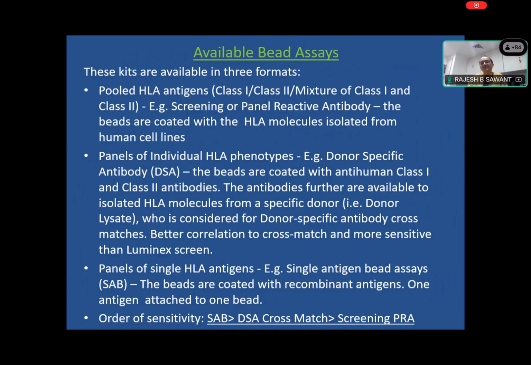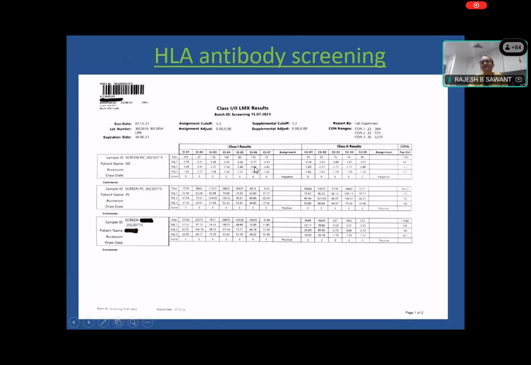If you want to find the specificity of the antibody, you go ahead with a single antigen bead assay, where the beads are coated with recombinant single antigens. They do not have mixtures of different HLA antigens, so one antigen is attached to one bead. As far as the order of sensitivity is concerned, the single antigen bead is the most sensitive, followed by DSA and screening.